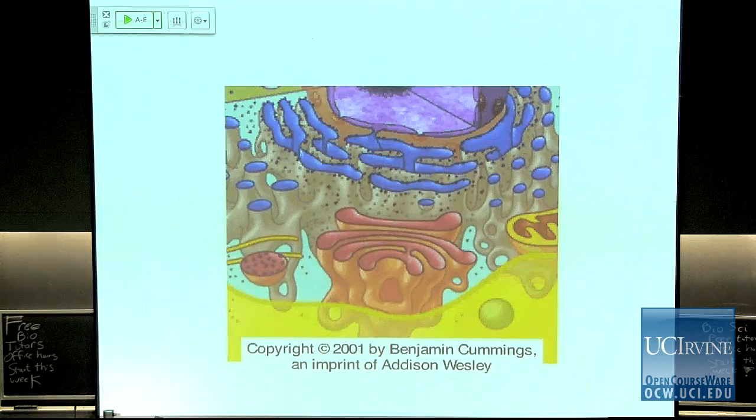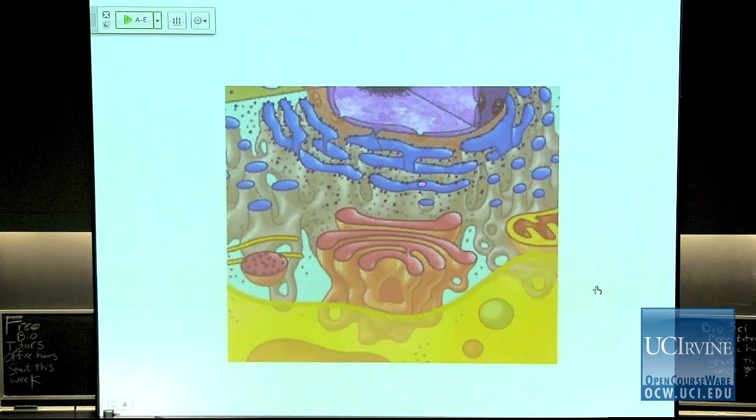Okay, here's a little animation. A secretory protein is synthesized inside the rough endoplasmic reticulum, migrates through it, and exits inside a vesicle. The vesicle travels through the cytoplasm to the Golgi apparatus.